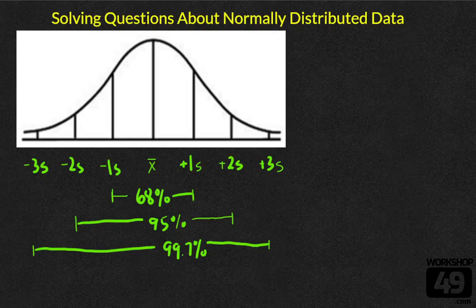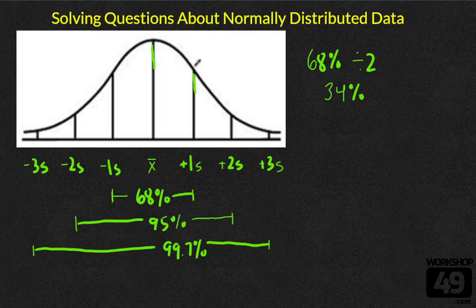So what we're going to realize is that from this mean line, everything to the right is half, and everything to the left is half. So if I wanted to solve this little section right here and figure out what percentage of our data was in just this slice right here, because we know it's half and half, you can actually take that 68% and divide it by 2, and you're going to get 34%.